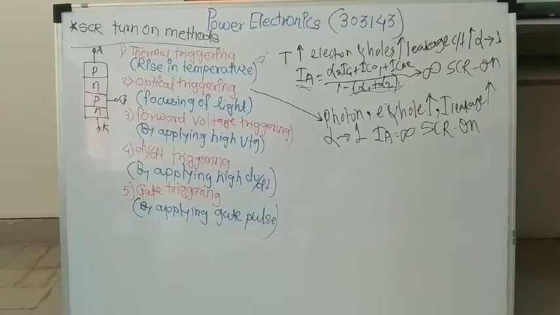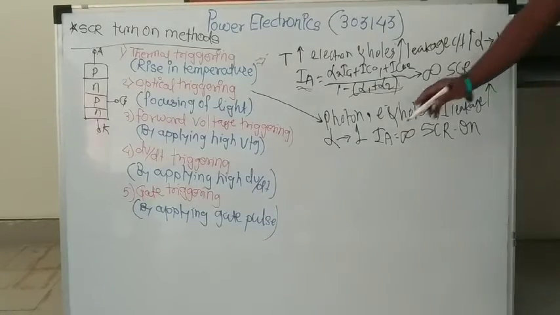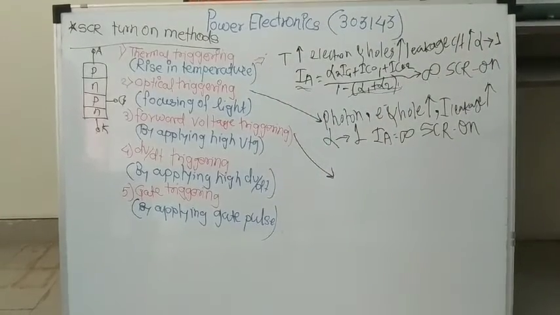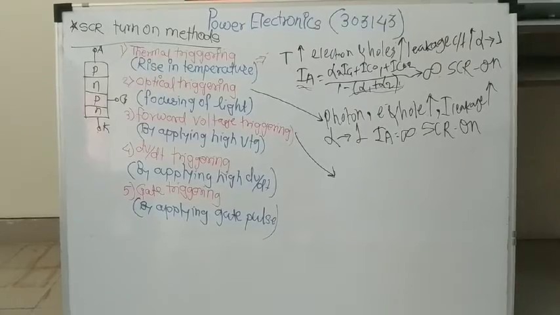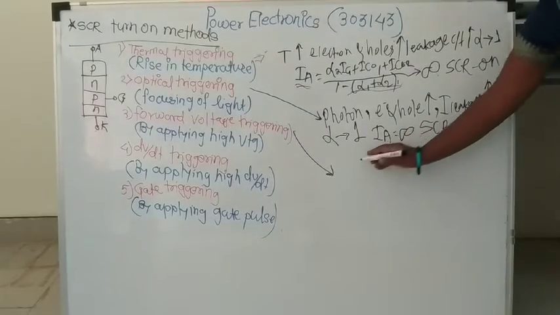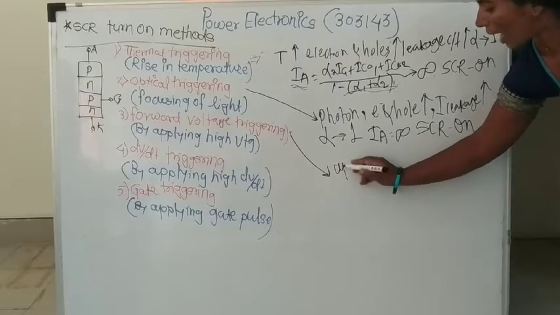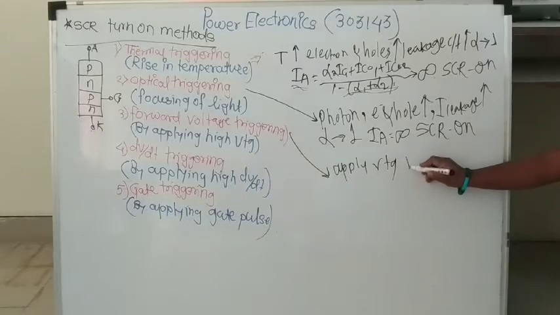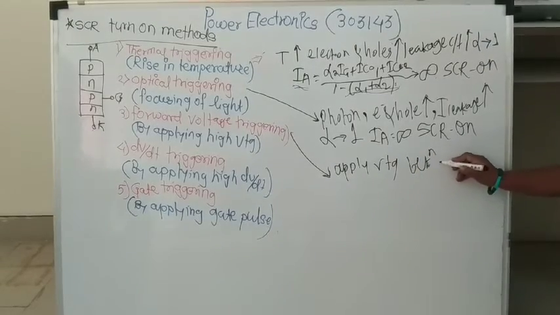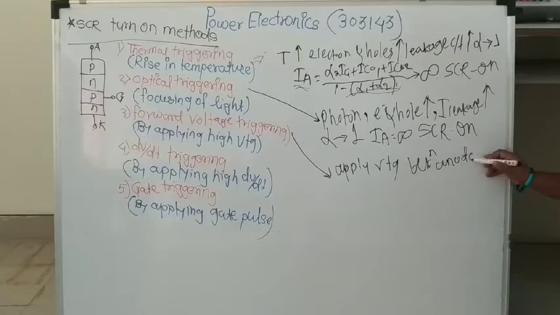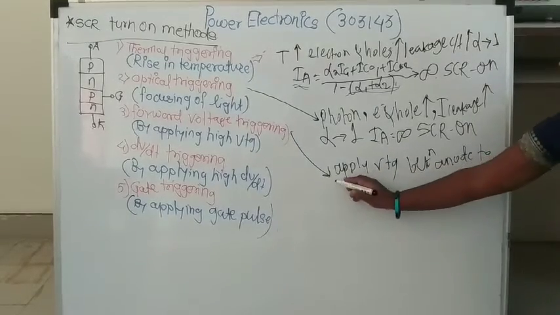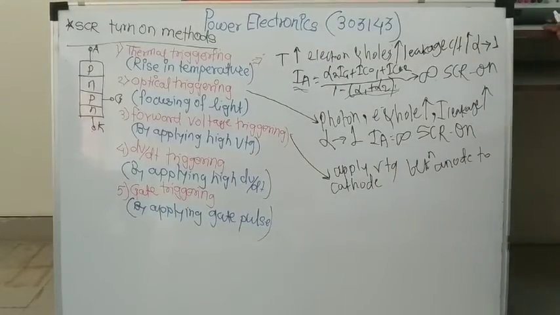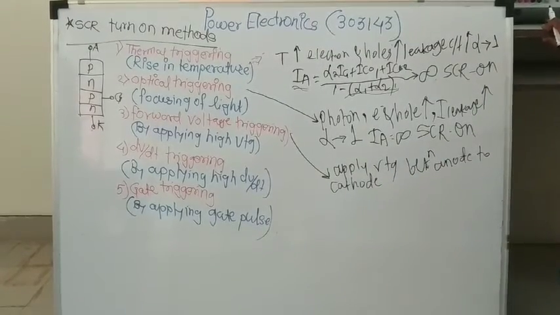Now, the next method is forward voltage triggering. In forward voltage triggering, we have to apply a voltage between anode and cathode. That means we have to supply or apply the voltage between the anode and cathode terminals.